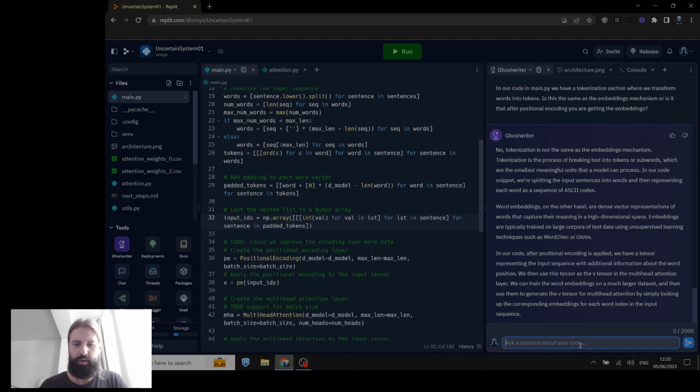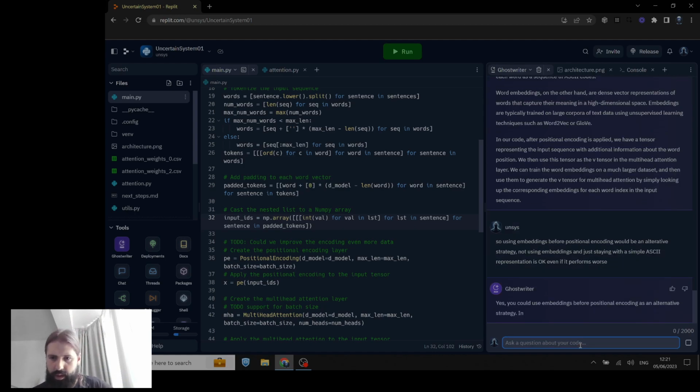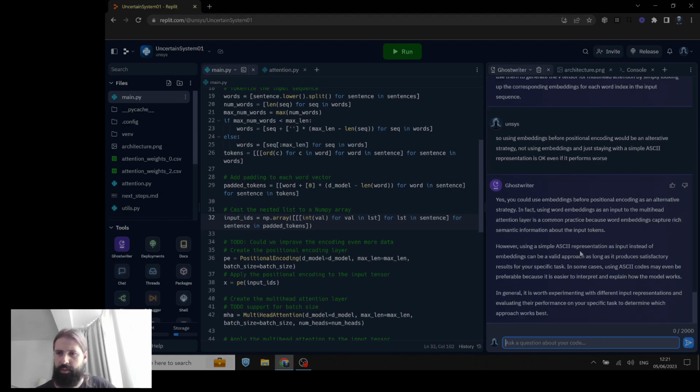Using embeddings before positional encoding would be an alternative strategy. Not using embeddings and just staying with the simple ASCII representation is okay, even if that performs worse. Right?